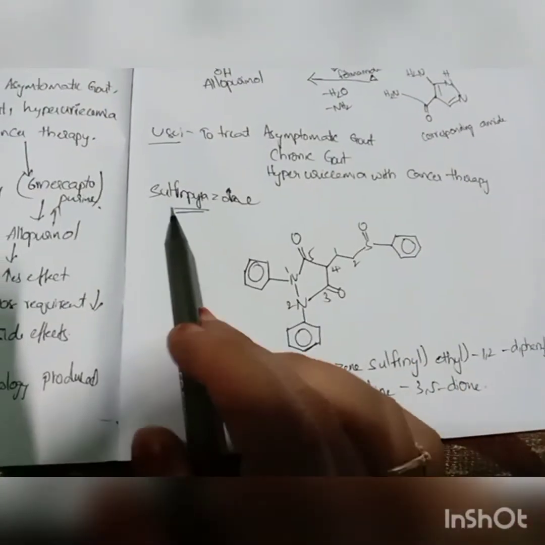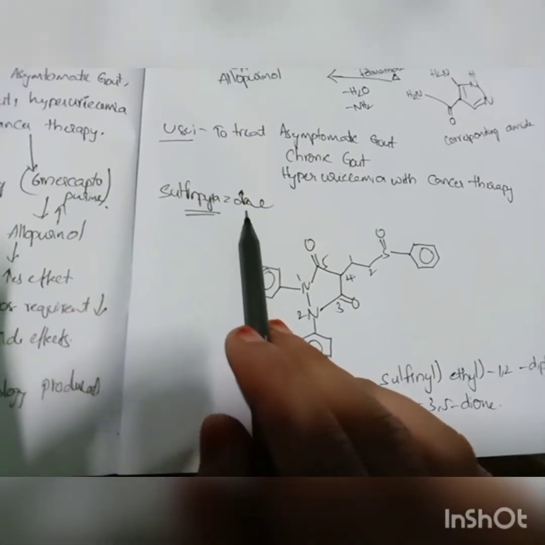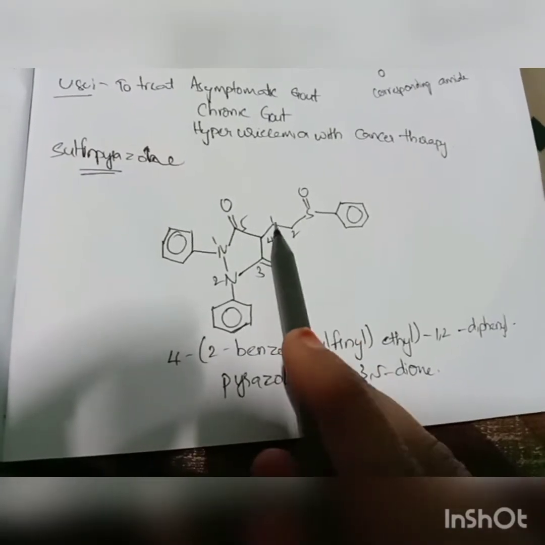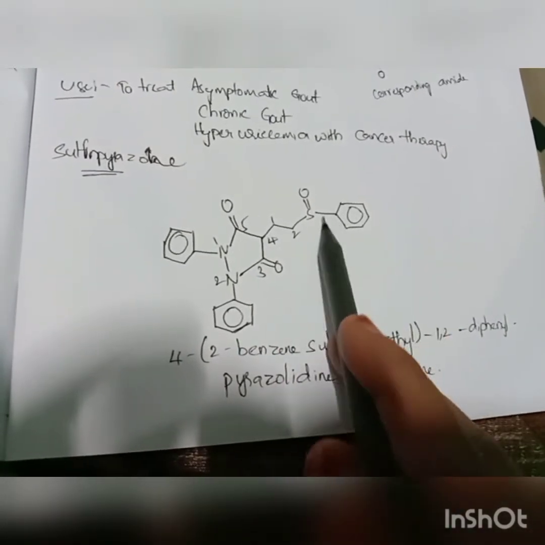Coming to sulfinpyrazone, this is the structure of sulfinpyrazone. Two benzene rings are there, and one 5-membered ring with two keto groups, and it has a sulfoxide group and a benzene group.